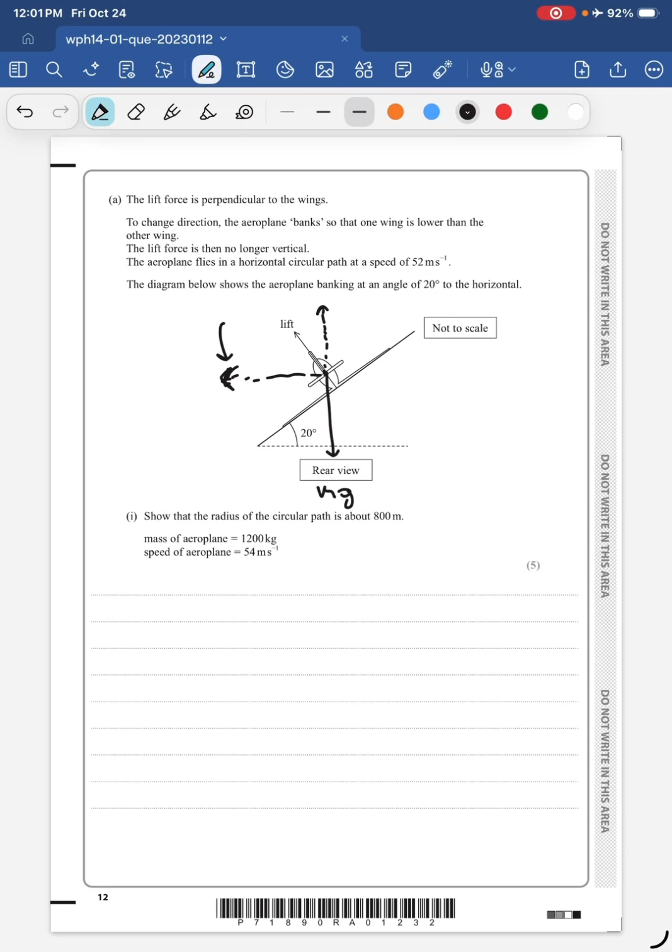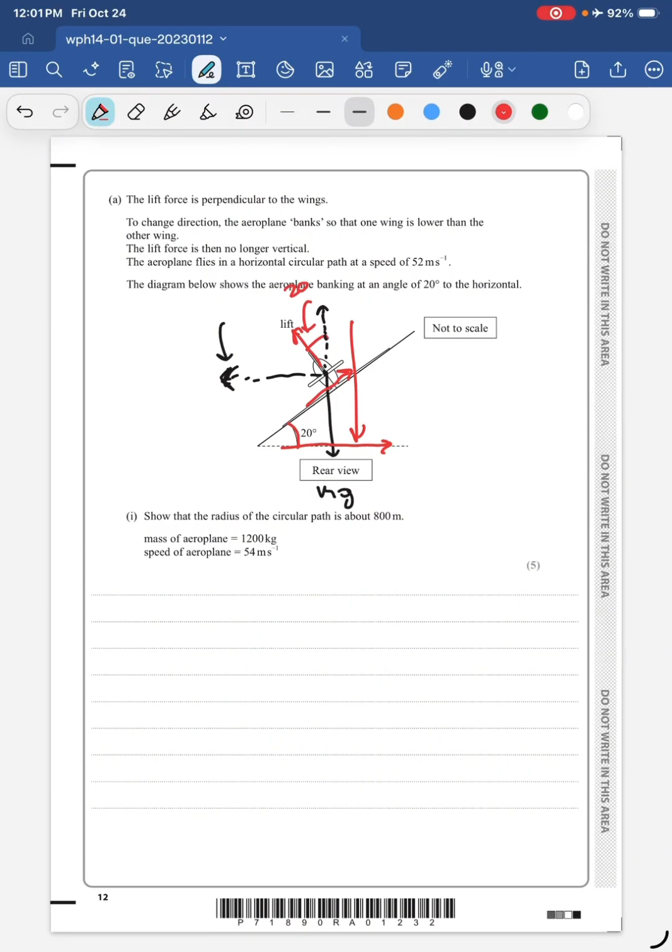So if this angle is 20 degrees, then since this line is perpendicular to this line, and then this line is perpendicular to this line, okay, then the inscribed angle, which is this one, should be equal to that one, okay?